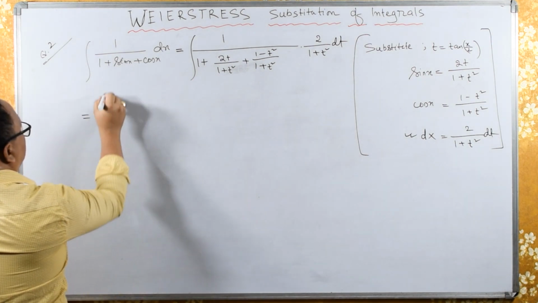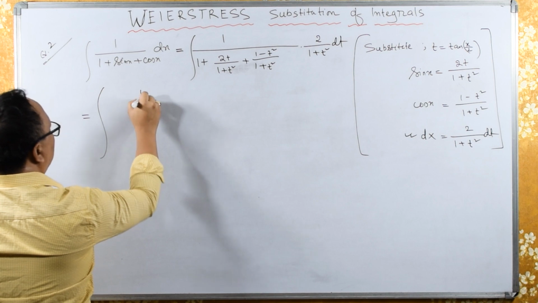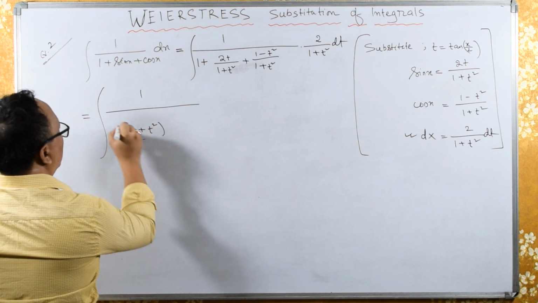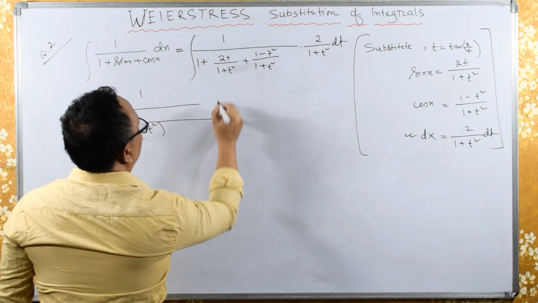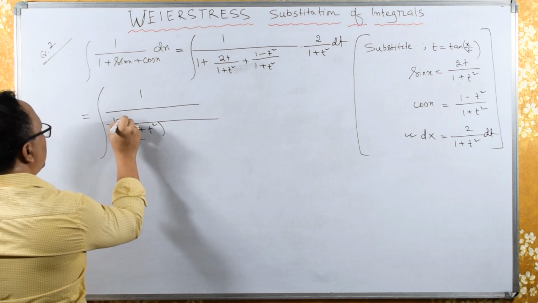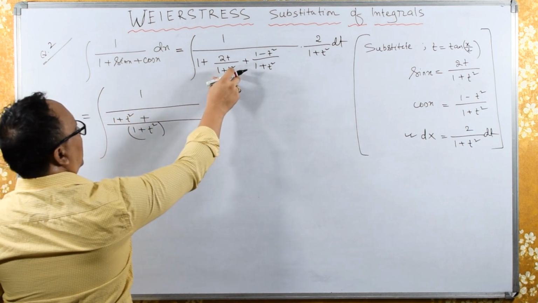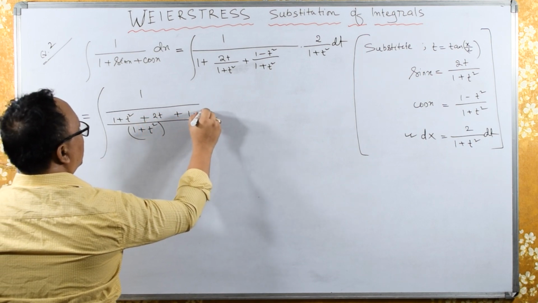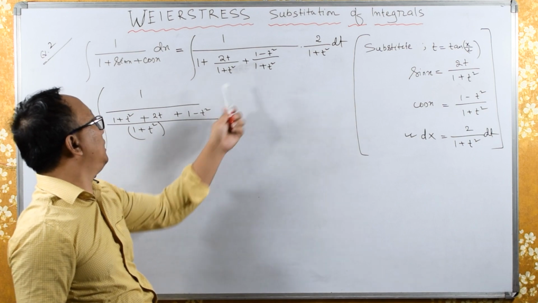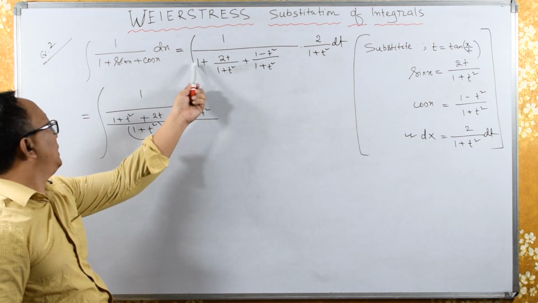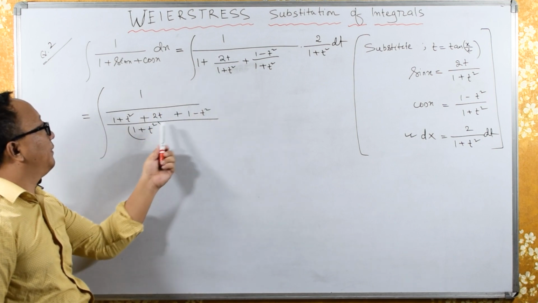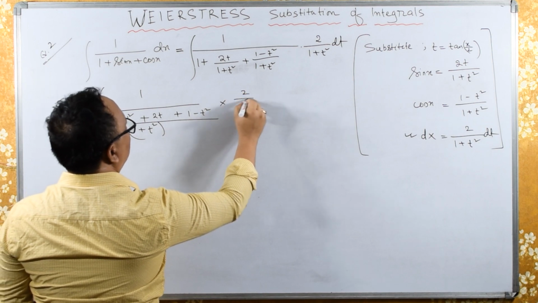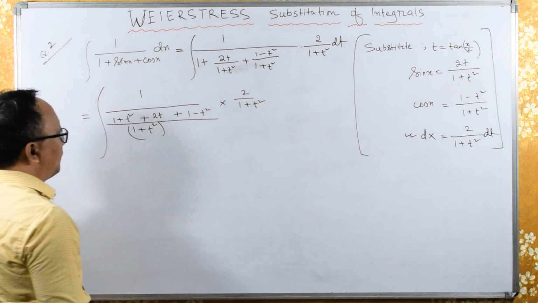Now if I take the LCM, in this denominator I have 1 plus t square. Here 1 plus t square into 1 is 1 plus t square, plus I have 2t, plus 1 minus t square, because I am taking 1 plus t square, into 2 upon 1 plus t square.